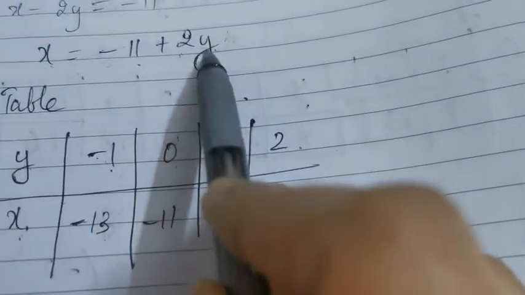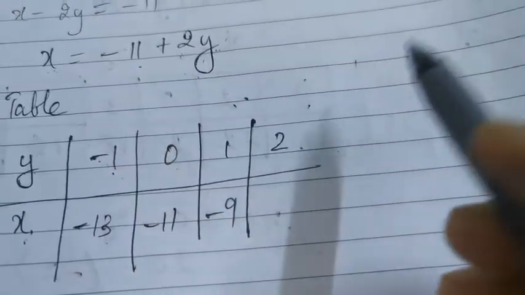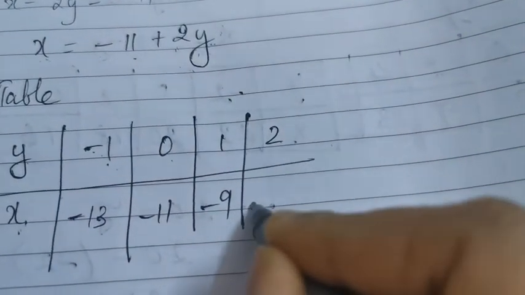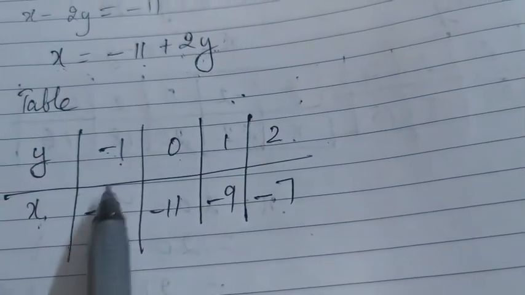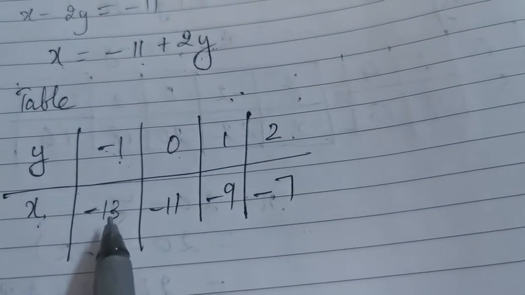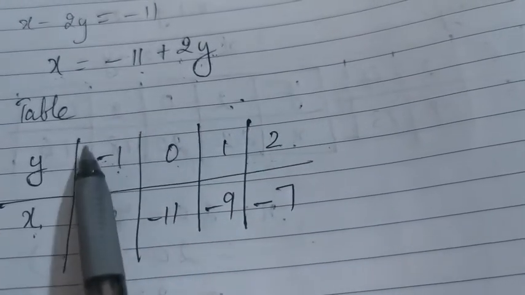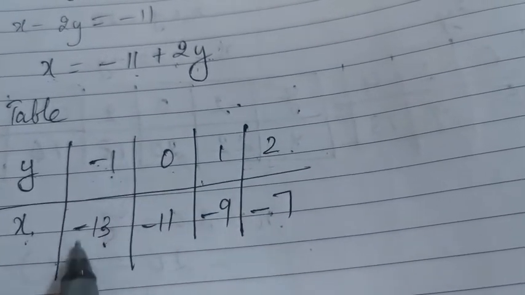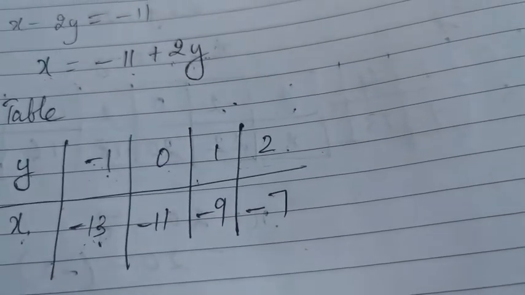Next, the value of y is 2. 2 into 2 is 4. Minus 11 plus 4 gives me minus 7. So, I have got my x values by assuming my own values for y. I will calculate the x values based on this equation.